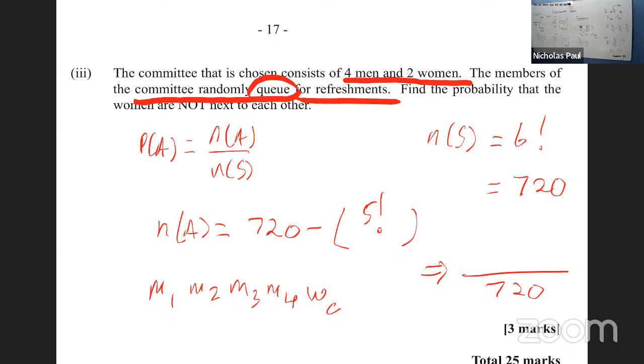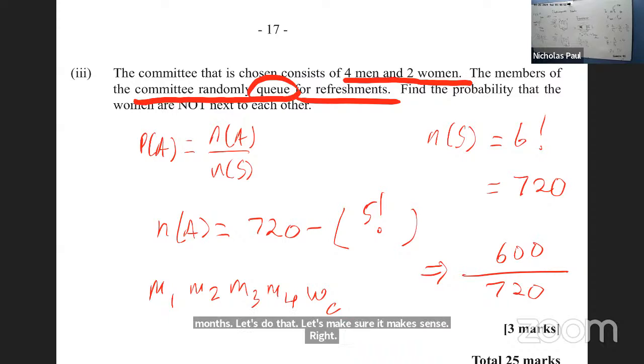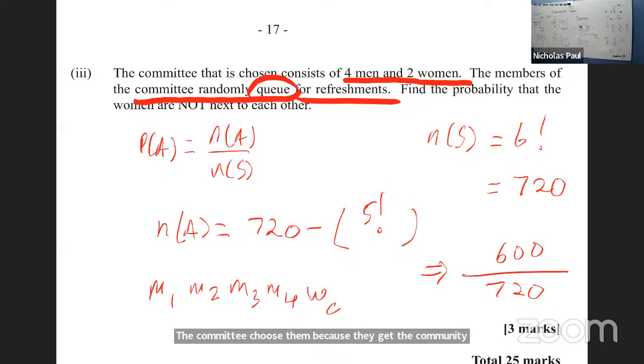How much is that? Is it making sense? Let's make sure it makes sense. The committee chose that, they picked a committee already. How many people did they pick? 4 men and 2 women, so you pick 6 people.